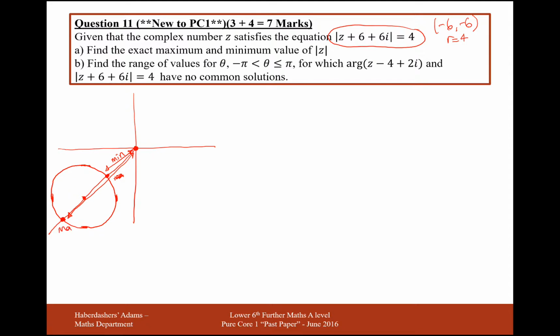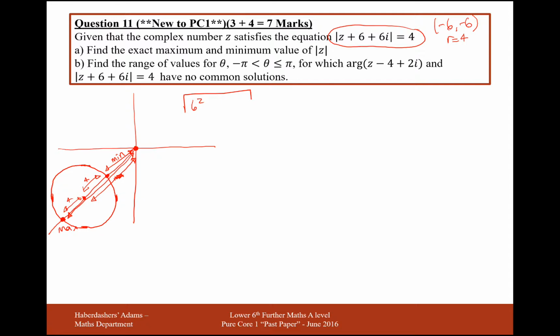So this coordinate out here is the maximum. We know that this distance from here to here is a 4, and from here to here is a 4. If we work out the total distance from the centre of the circle to the origin, and take away 4 from that, that will give us our minimum point.